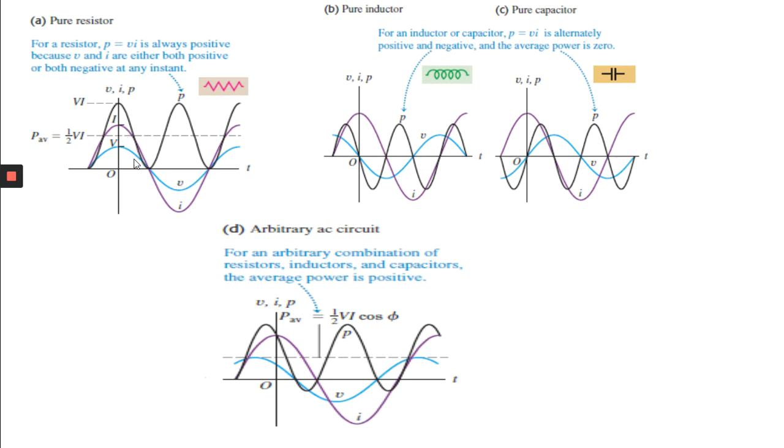Similarly, the current oscillates positive, 0, then negative to 0 like this. But what is the power? As power is V into I, if you multiply, it has all positive values. So what is the average power? This value is not equal to 0. It is half V into I.